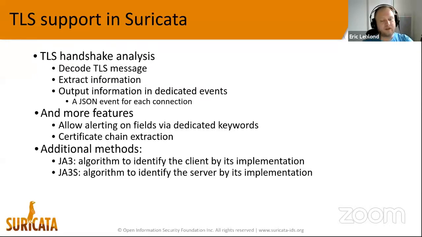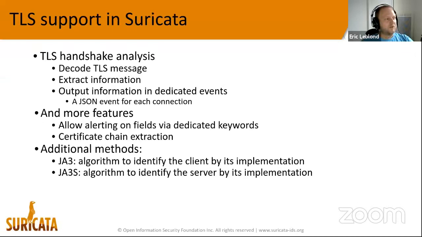So for every TLS connection, you can generate a JSON event with all the information that Suricata was able to extract from the connection. Basic information includes the subject of the certificate, the server name indication, the subject of the issuer DN, and the fingerprint, which is quite useful to identify a bad certificate in the wild.